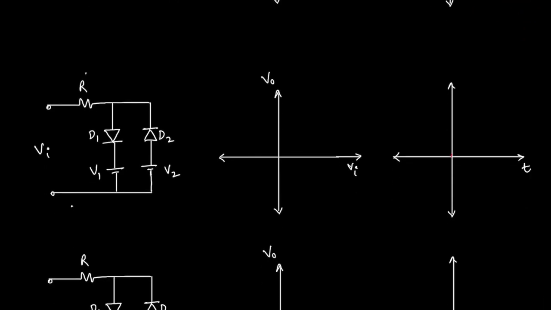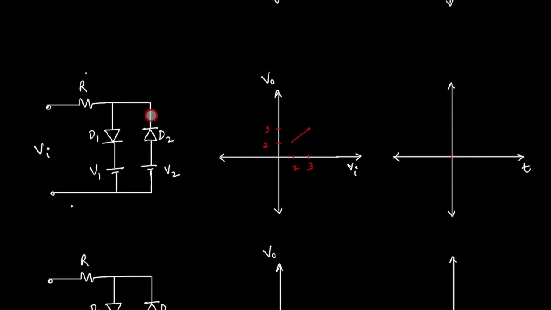You just have to mark the things properly. So V1 and V2 both are positive here. V1 is 3 and V2 is 2. Let me draw it here. So this is 3, V1. Below that, the slope is there.